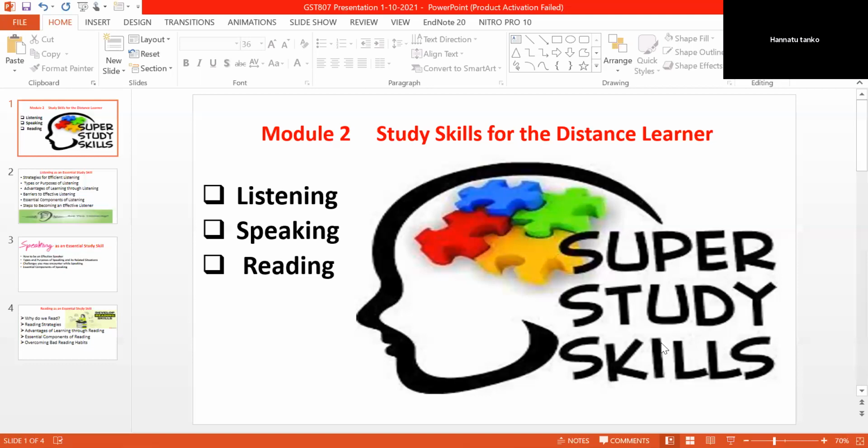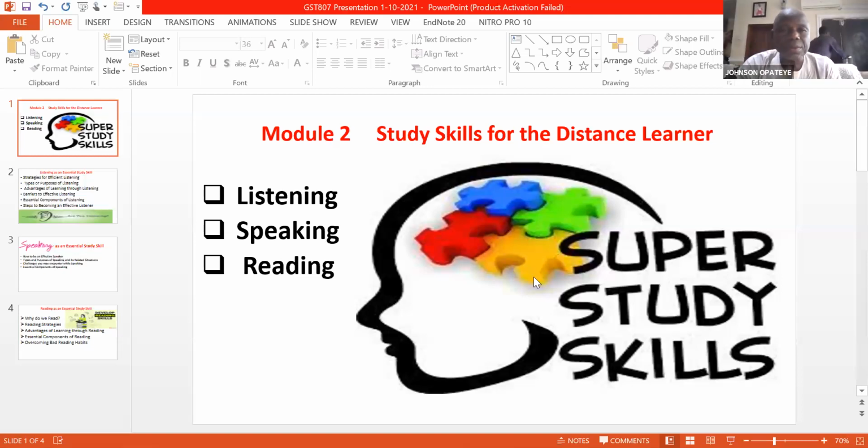So we're here today to look at Module 2, Units 1, 2, and 3. That is our focus for today. And what does this particular module and the units of consideration really entail? We are looking at Unit 1 on listening, Unit 2 on speaking, and Unit 3 on reading.